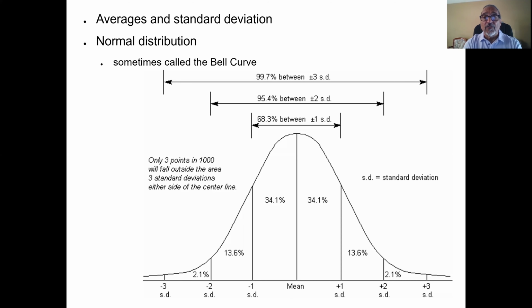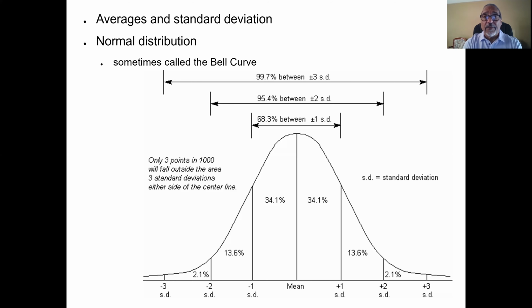In the normal distribution, the graph of distributions is actually symmetrical around the mean. So you can see from this that the mean is in the center line, and there's always plus or minus what we call standard deviations on either side of the mean.